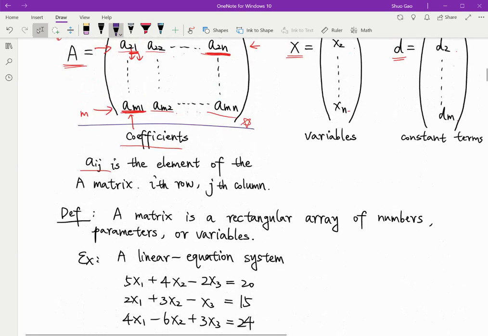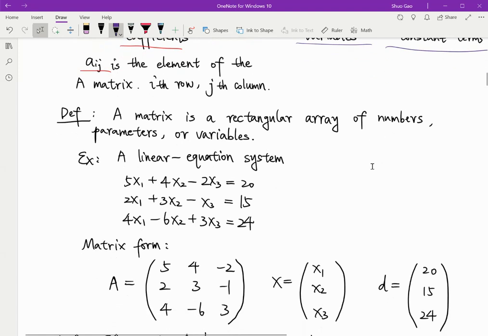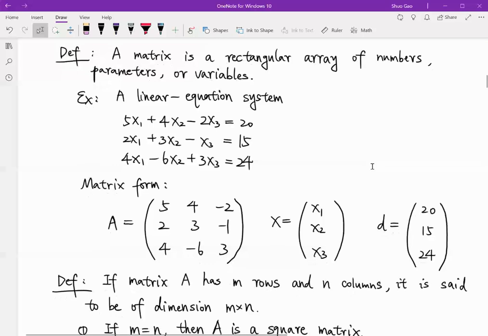This is a coefficient matrix. And this is a matrix of the variables. And this is the matrix of the constant terms. Right? It can be a rectangular array of all kinds of numbers, parameters, or unknown variables. All of them are called matrices.